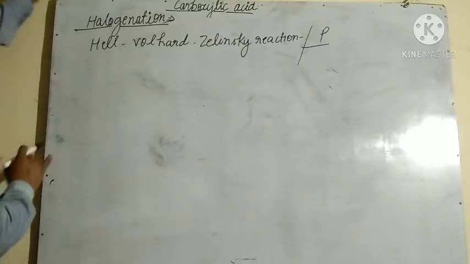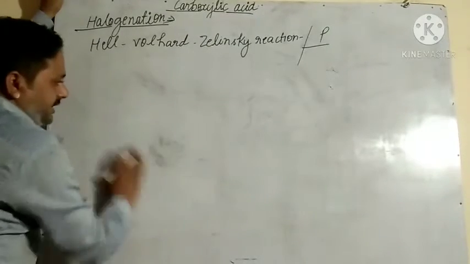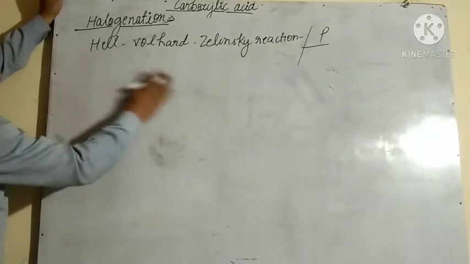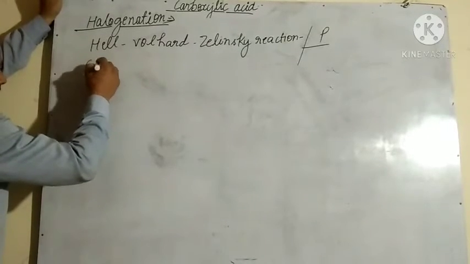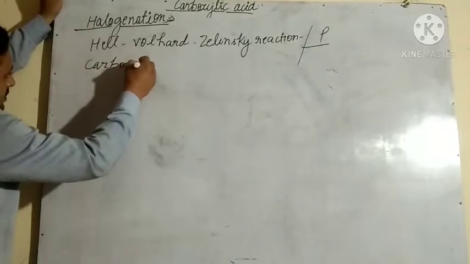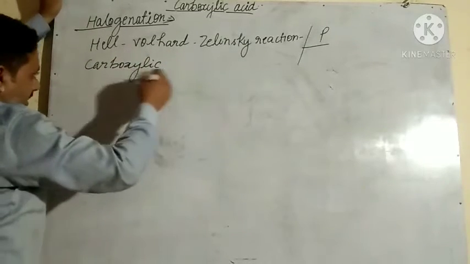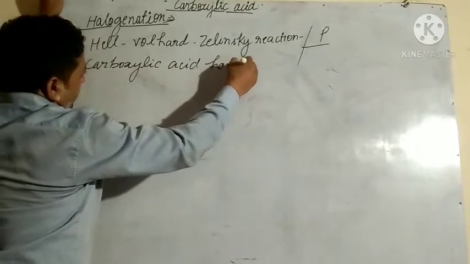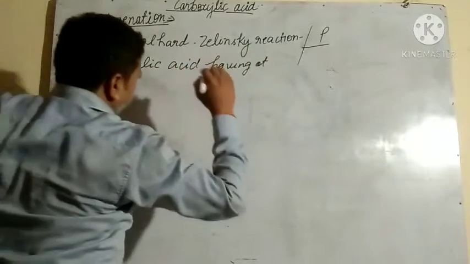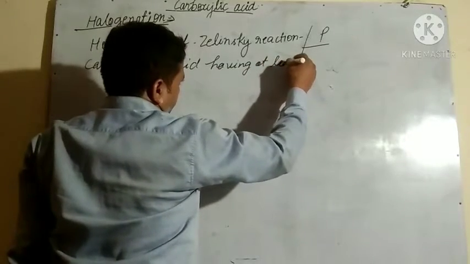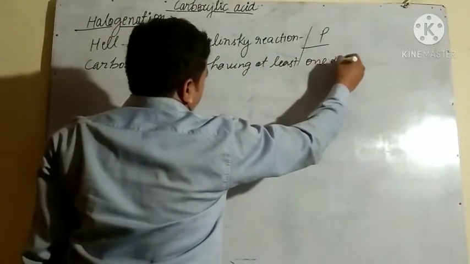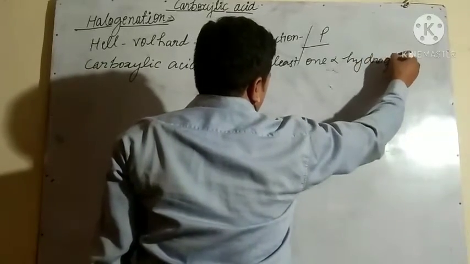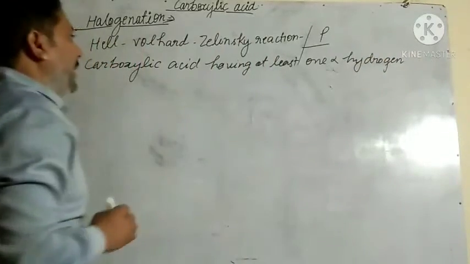Because we are studying this for the first time, it is better to write it. So we can write: carboxylic acid having at least one alpha hydrogen.